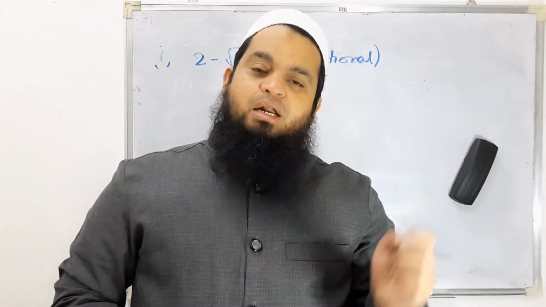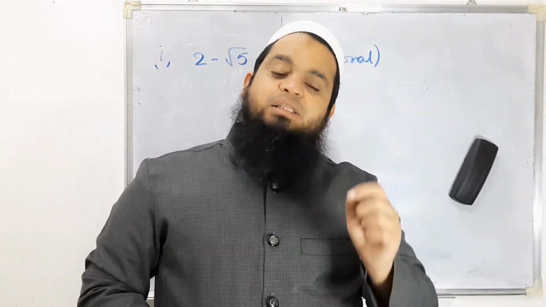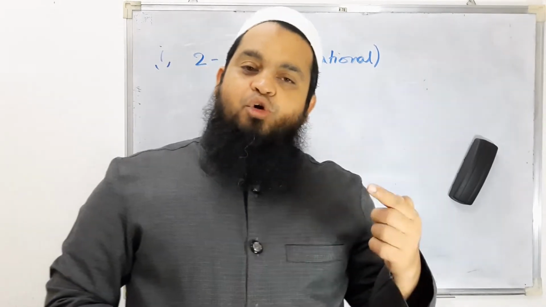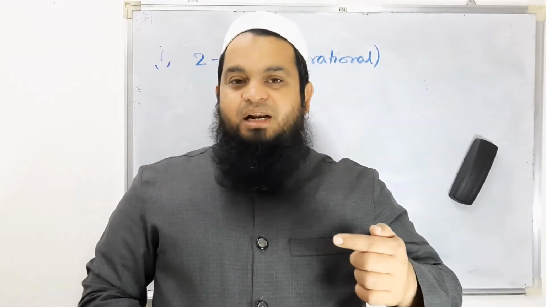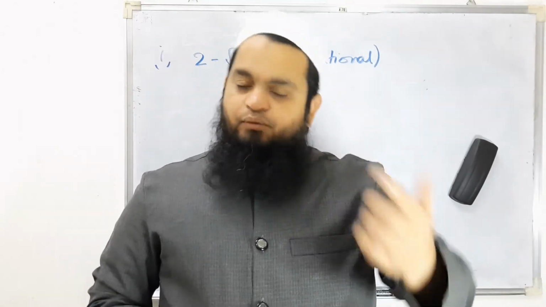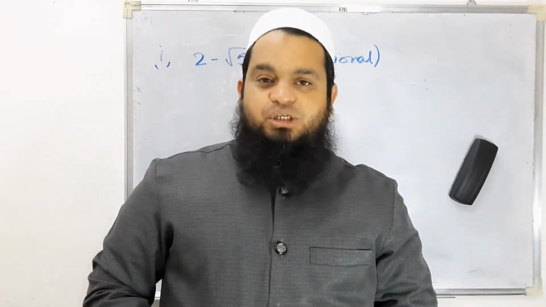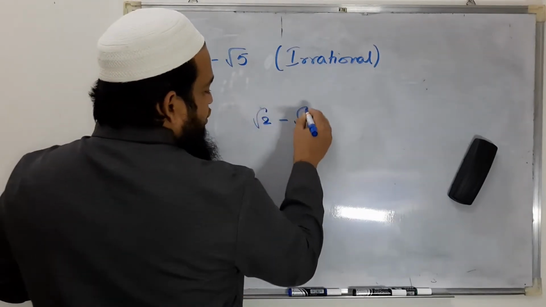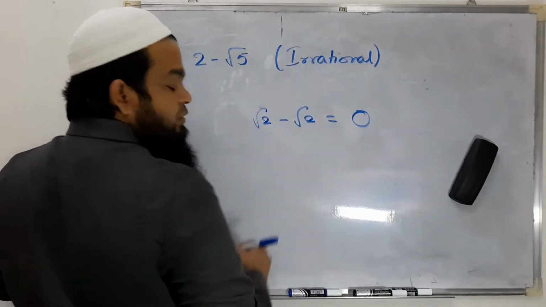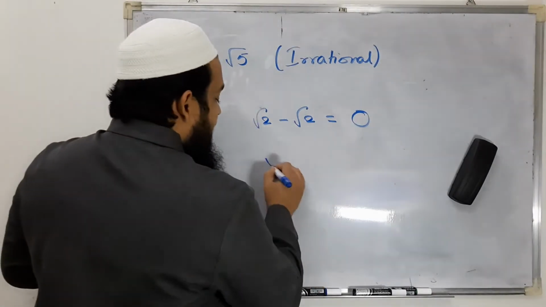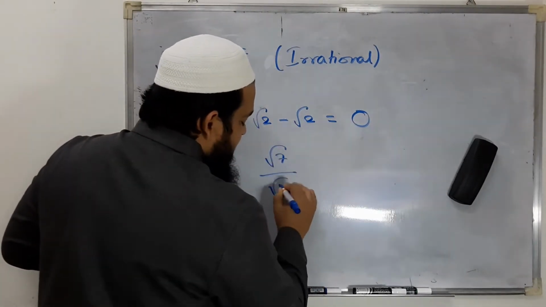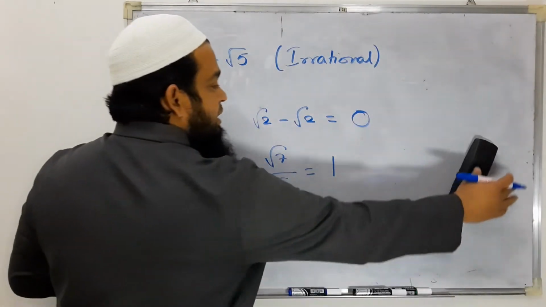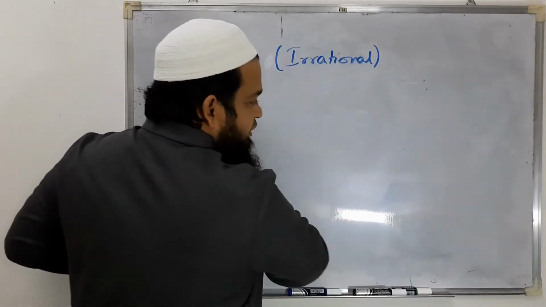When you operate an irrational with the same irrational, then you get rational. For example, root 2 minus root 2 equals 0, a rational number. Root 7 divided by root 7 equals 1, which is also a rational number, 1 by 1. So this is the concept which we have recalled.